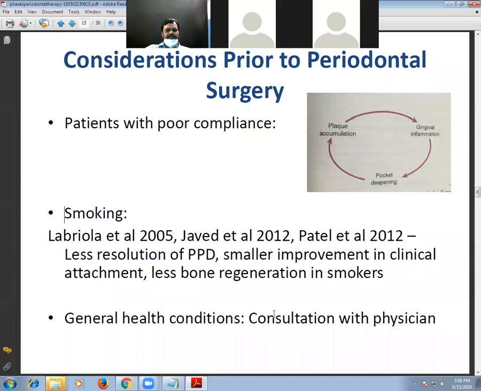Then the general health of the patient: for medically compromised patients, we have to consult their physician before performing surgery.